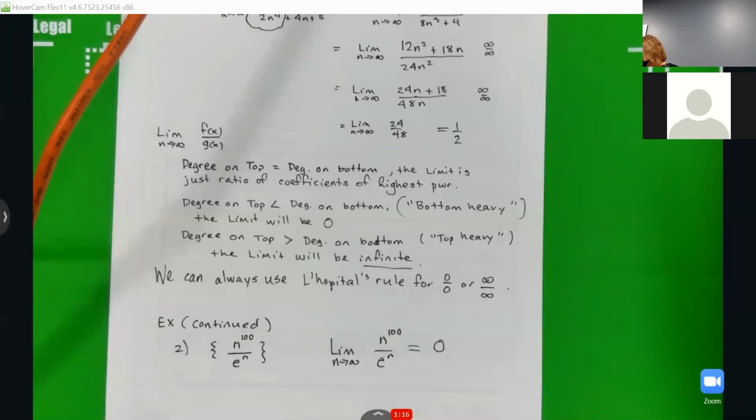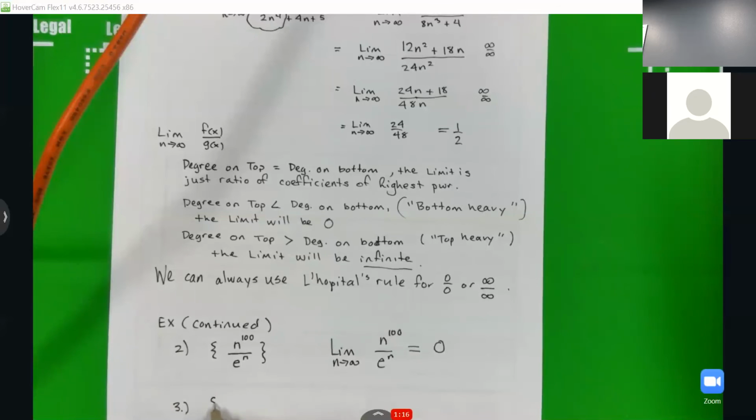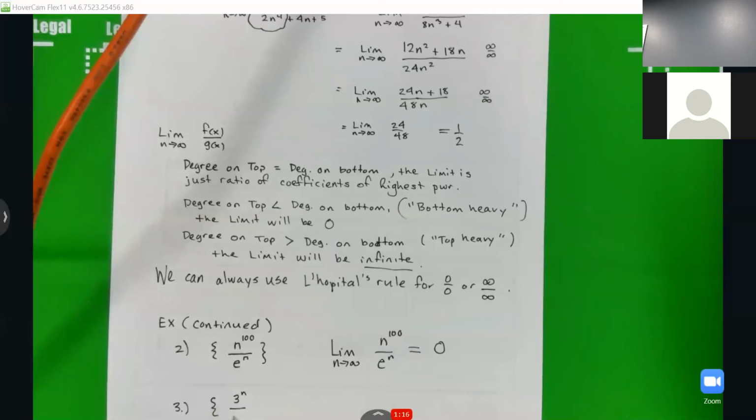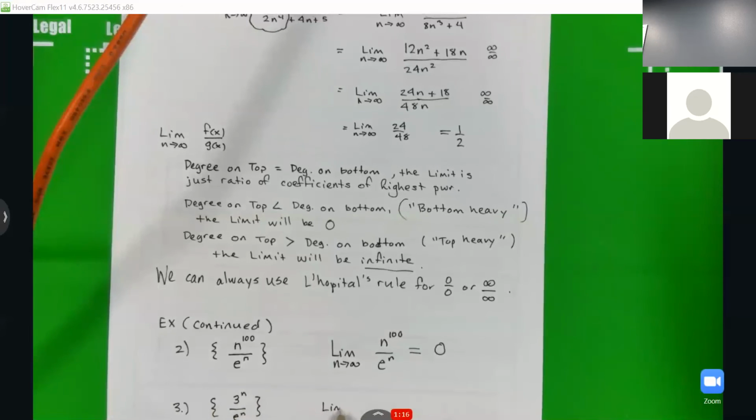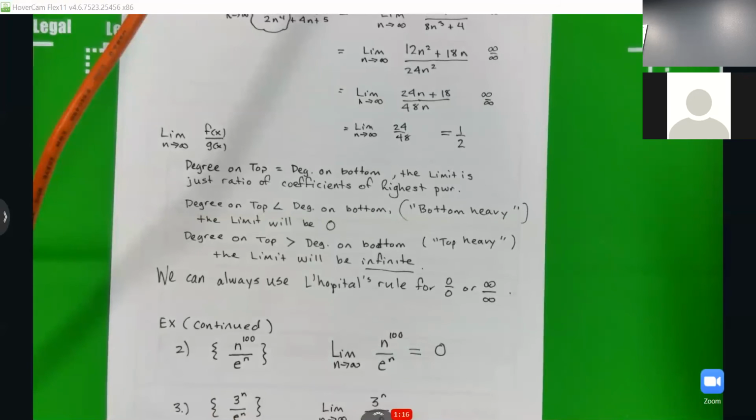What about this one? Suppose I took derivatives here. You guys forgot how to take the derivative of 3 to the n. The derivatives behave much like the derivative of e to a power, except you get a natural log term next to it. The derivative of 3 to the n is 3 to the n times the natural log of 3.